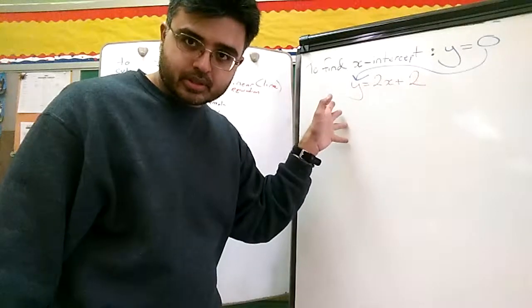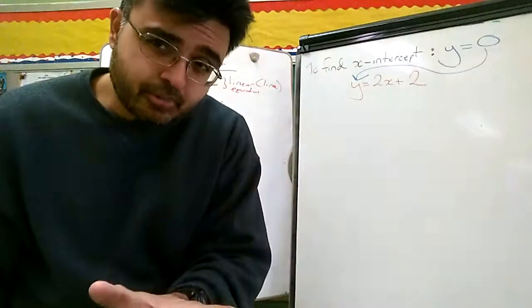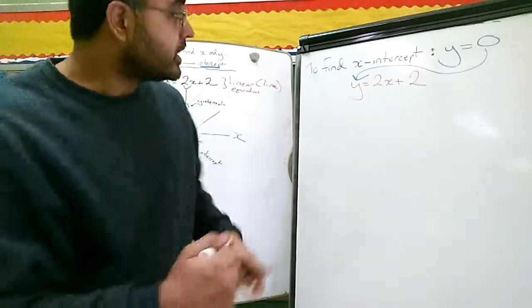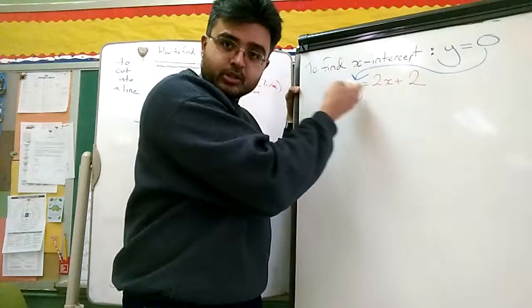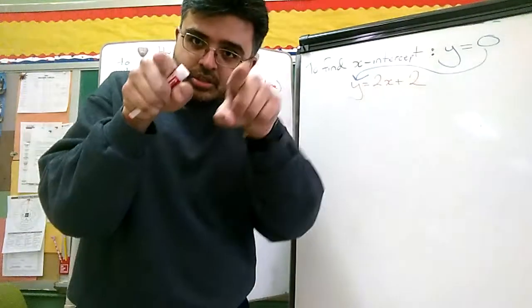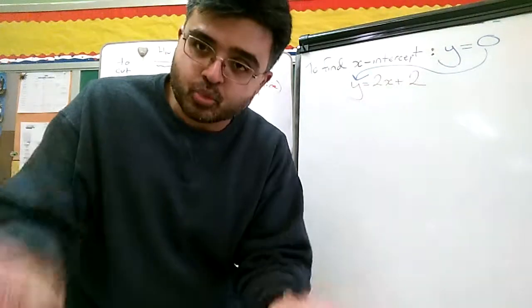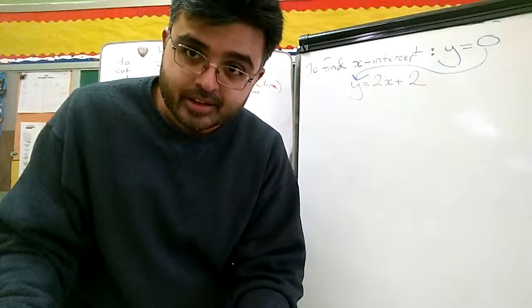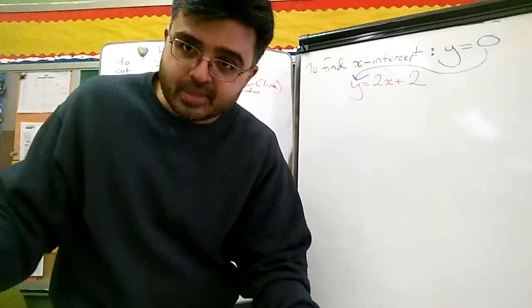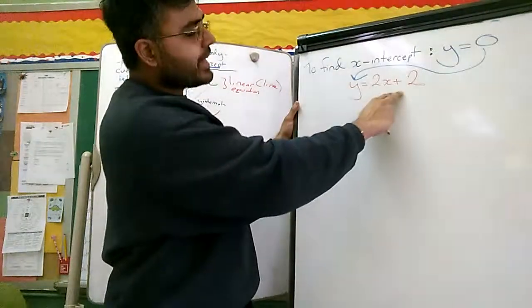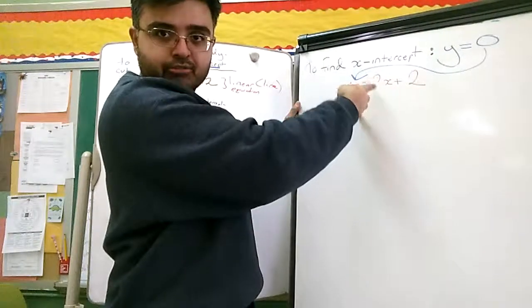No problems. However, just to make it easier for myself and for the kids, I always tell the students, when something is equal to something, you can just reverse it and switch it around. It becomes the same thing. 2 plus 1 is 3, right? 1 plus 2 is 3, same thing. So what I'm going to do is this. I don't like it like this. I want to change this equation and flip it around.